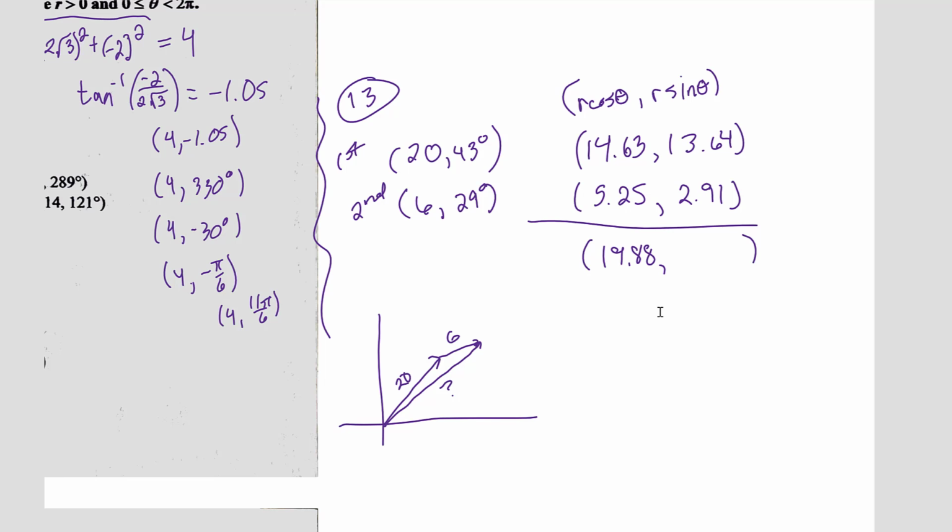19.88. 16.55, and then it wants the magnitude and direction, so that's changing them back to polar coordinates. So Pythagorean theorem and inverse tangent will do that for us.